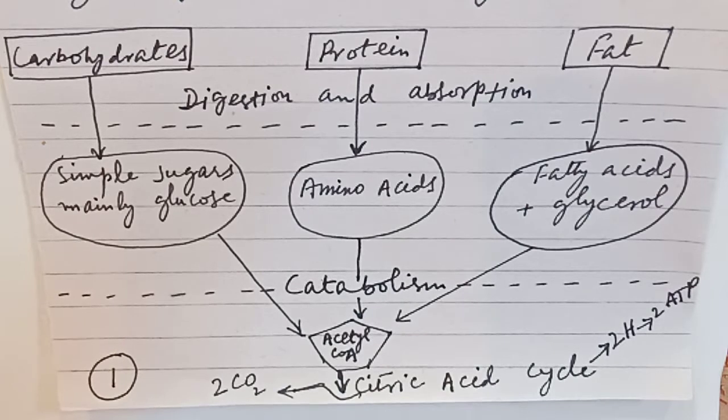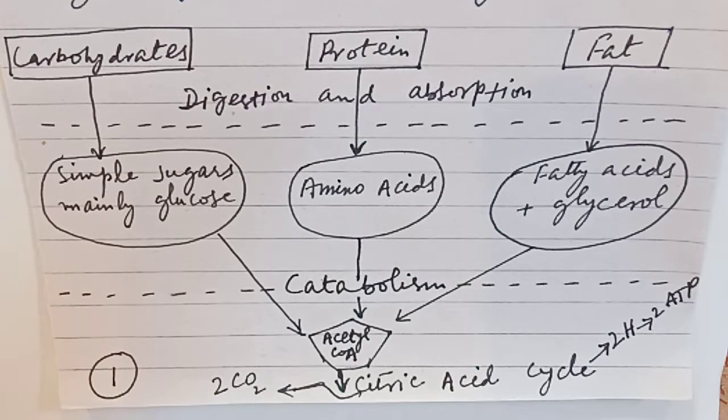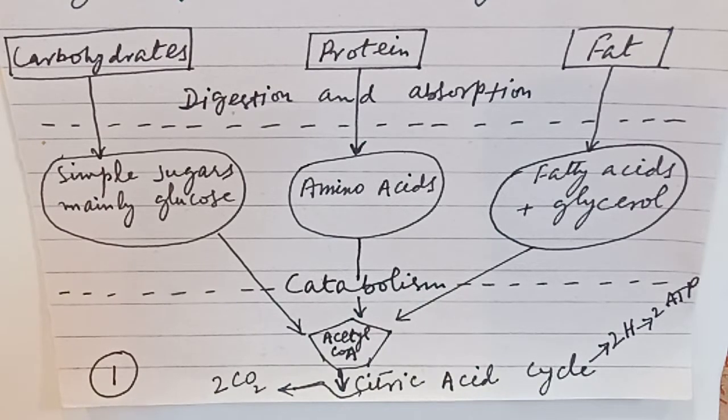You know that glucose is catabolized through the aerobic phase of the glycolytic pathway. Glucose goes into the aerobic phase of glycolysis and is converted into pyruvic acid.